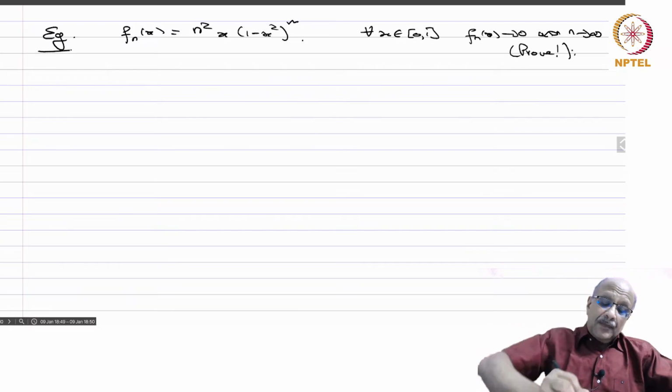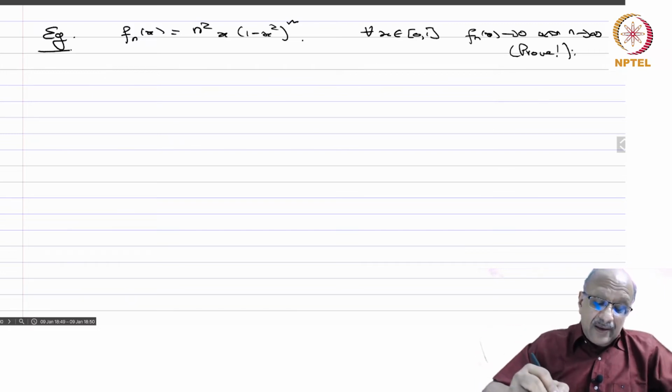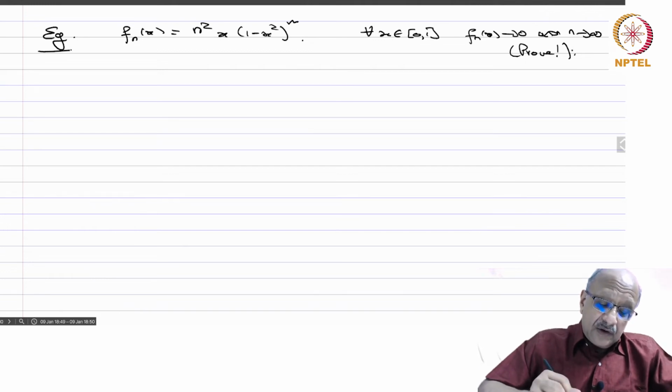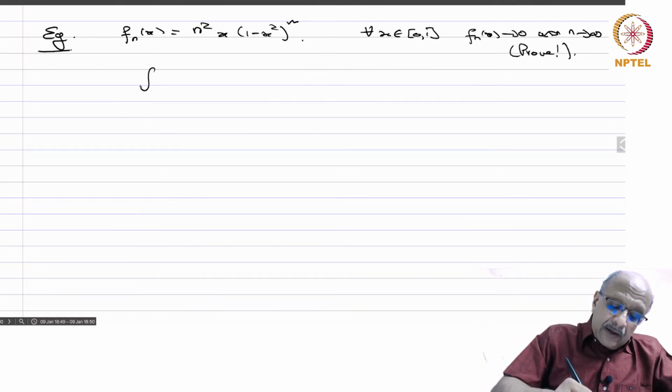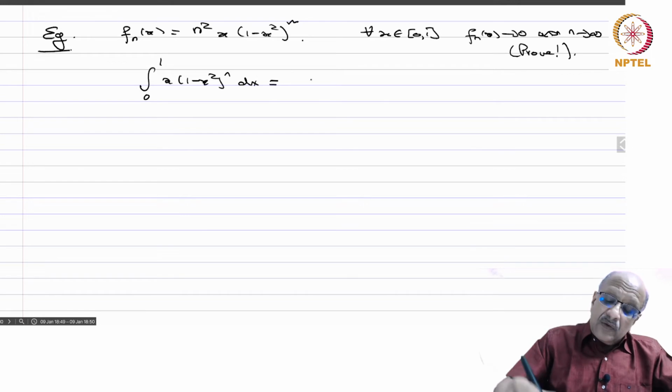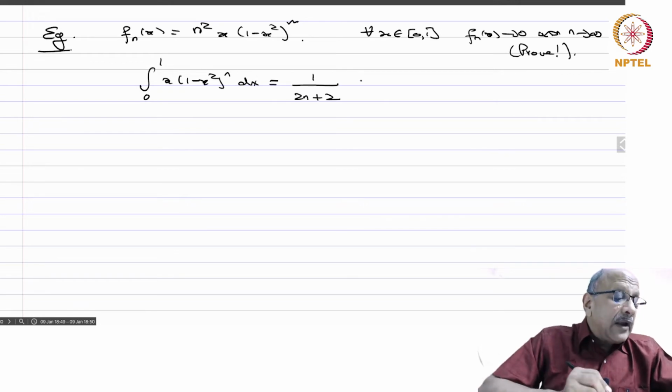This is a simple exercise to show that the limit of these functions is 0. Okay, so then you now take the integral from 0 to 1 of x(1 minus x squared)^n dx. This is a straightforward calculation. You can calculate it and it will be equal to 1 over 2n plus 2.